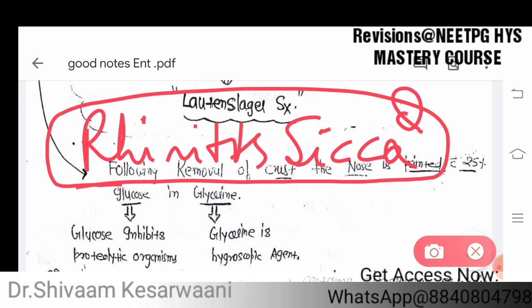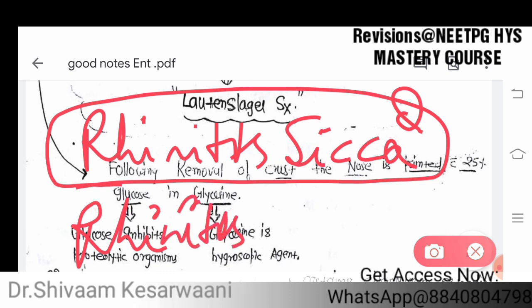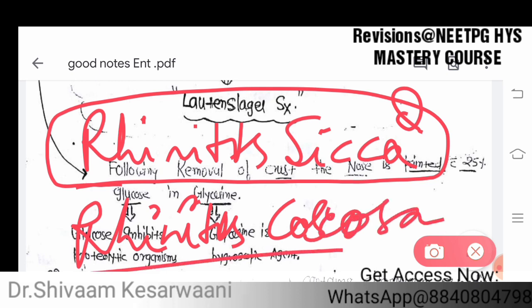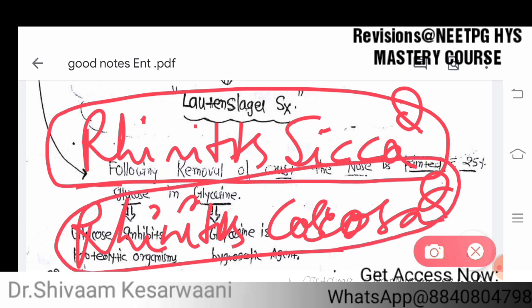There is another term called rhinitis caseosa. So everyone knows atrophic rhinitis, everyone knows allergic rhinitis, but what is rhinitis caseosa? You should know that it is also known as nasal cholesteatoma. By now you have been studying about ear cholesteatoma, but this rhinitis caseosa is called nasal cholesteatoma.